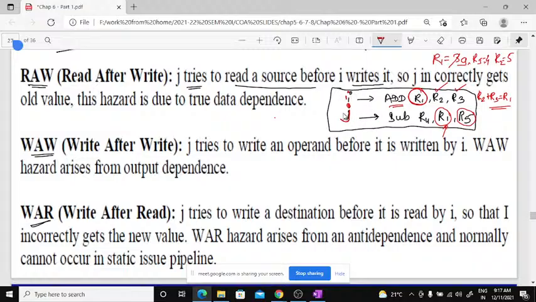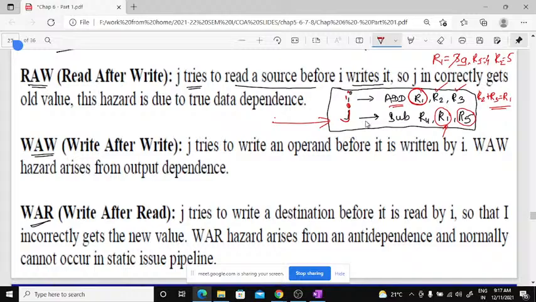Okay. So read after write. This type of hazard will occur, which means it gives an incorrect result. Instruction J is trying to read a source before I writes it.